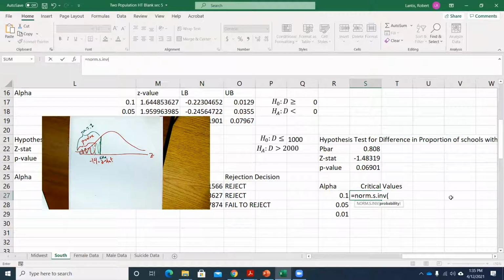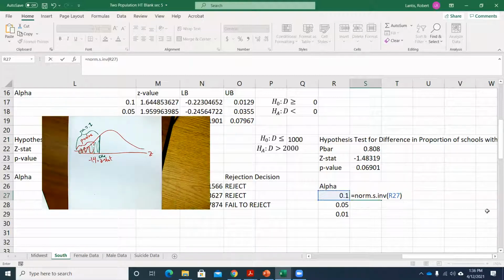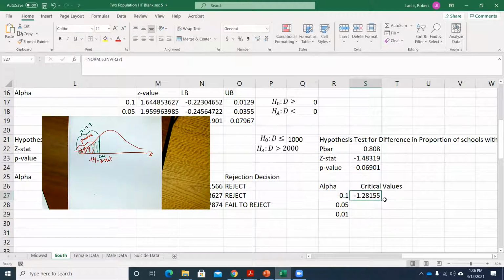I'm working in reverse, working inverse. I know the area in the tail, and I want Excel to tell me the z-score. So area in the tail is 0.1. Well, I'm done, because I have a left-tailed test. Copy this down, and I get my 3 critical values.